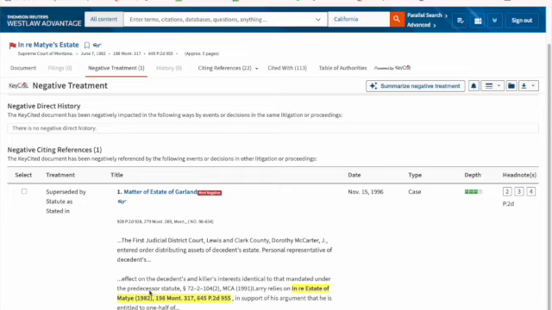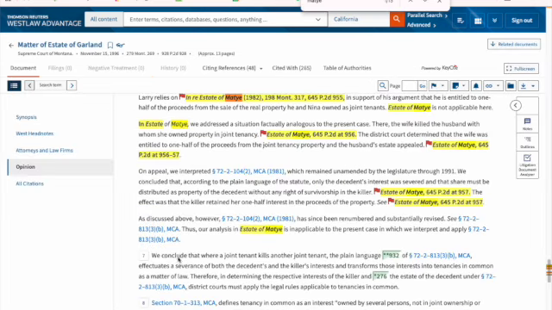So already I'm seeing predecessor statute. That's telling me something else has happened to 72-104. So I can go ahead and go in. So we conclude that where a joint tenant kills another joint tenant, the plain language of this effectuates a severance of both the decedent and the killer's interests. So we know that this new statute is what we're going to go off of.